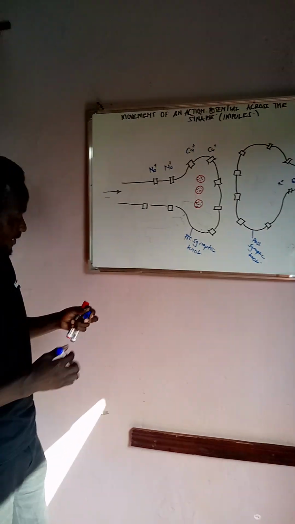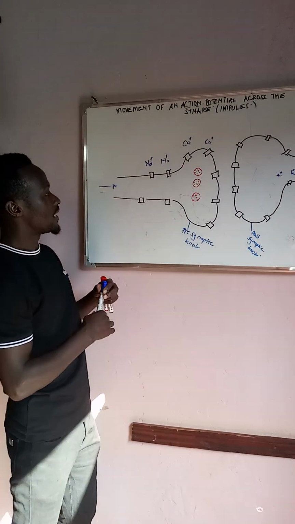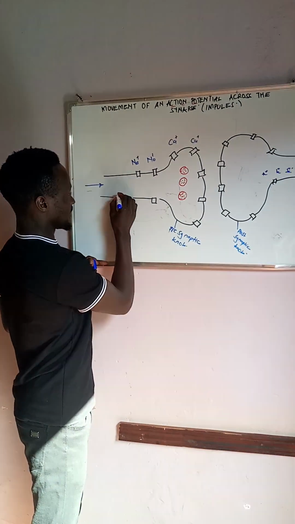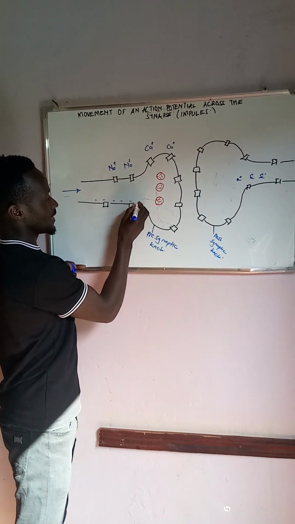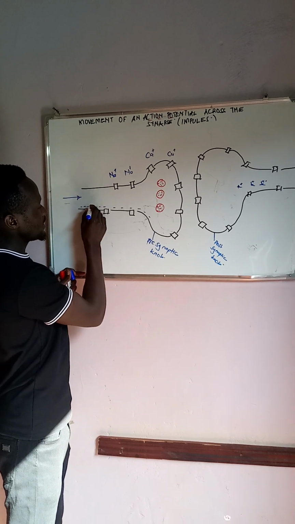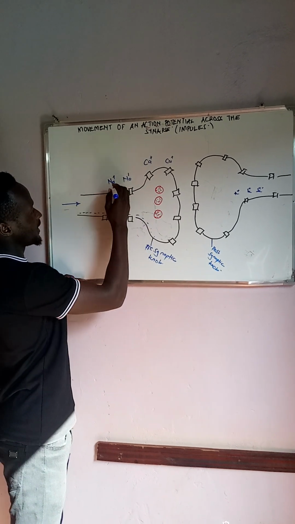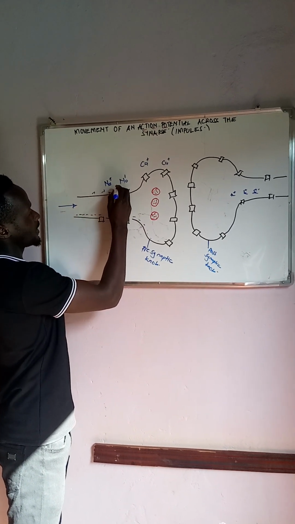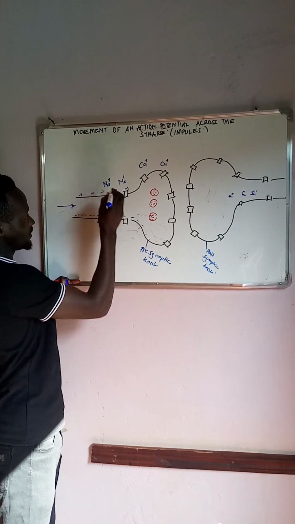Remember, at rest, the neuron inside is negatively charged, so it has more negative ions inside and more positive ions outside the neuron.